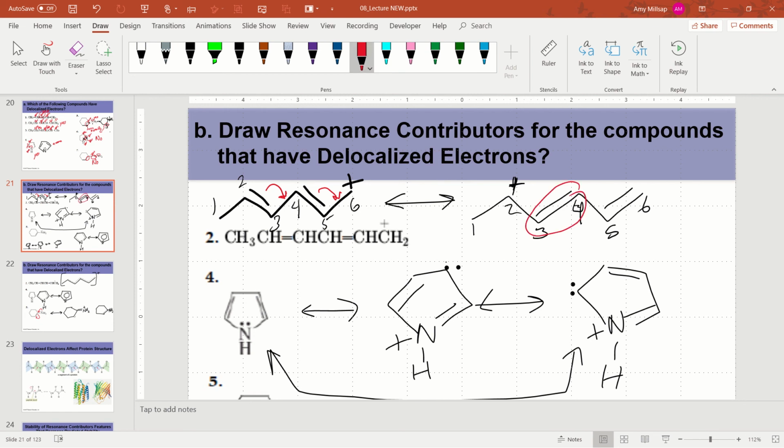When I move the electrons between 2 and 3 to 3 and 4, 2 becomes positive. I also show the pi electrons from 4 to 5 moving to 5 to 6. So I have pi electrons from 5 to 6 in my resonance contributor. So if you take the original structure they give you and show the electrons moving by arrows and then number the molecule, you should be able to draw the product of that electron movement.